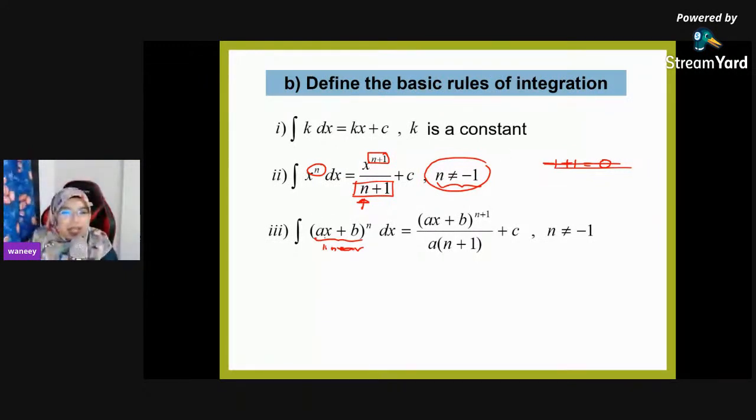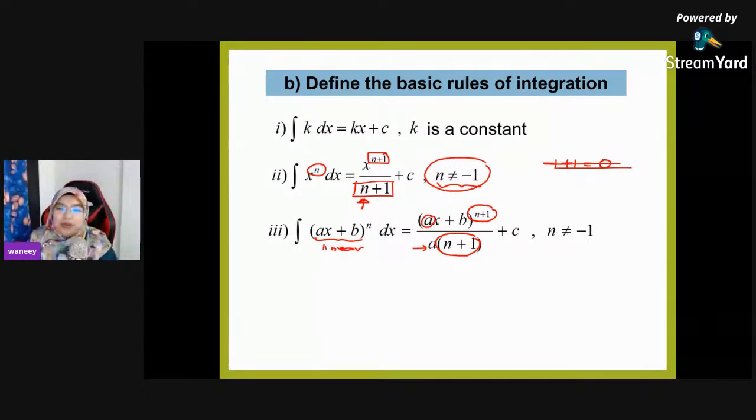Okay, so we have (ax plus b) to the power of n. What happens? We copy down the function first, ax plus b, but instead of n, we add 1 to the power, so it becomes n plus 1. Divide by the new power, so we divide by n plus 1. And then we take the coefficient of x and divide by it. Here, the coefficient of x is a, so we divide by a.